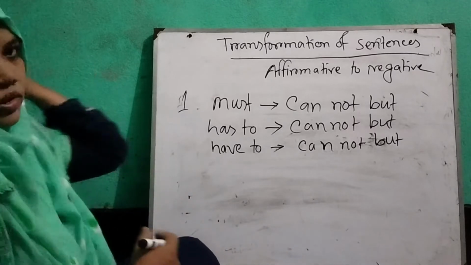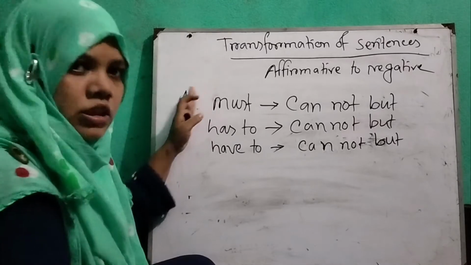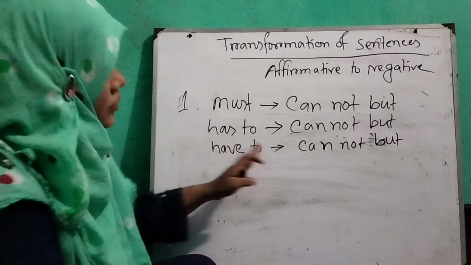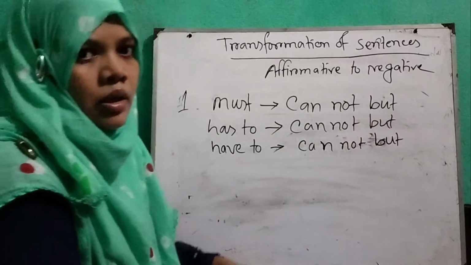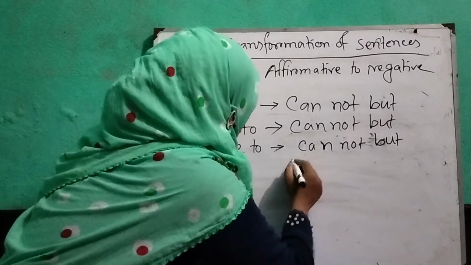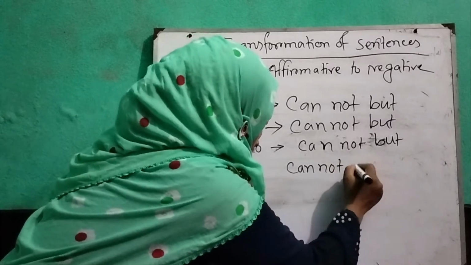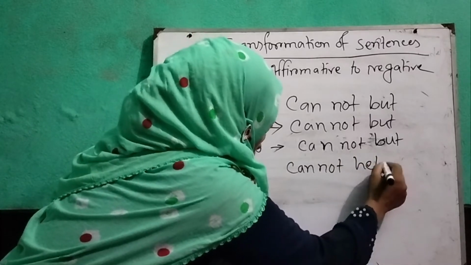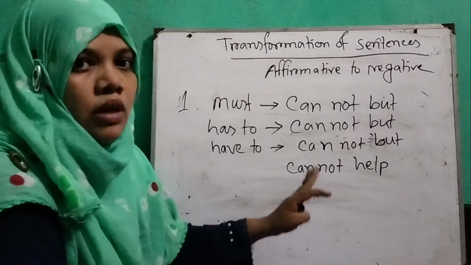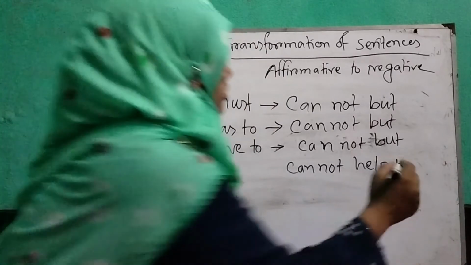So student, instead of must, has to, have to, we have to write cannot but. You can write cannot help. But in case of cannot help, you have to add ing with verb.